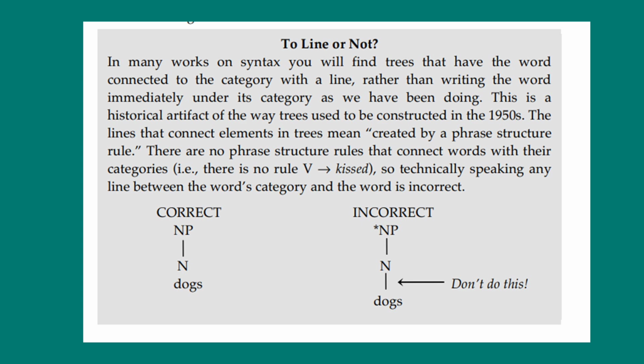There are no phrase structure rules that connect words with their categories. That is, there is no rule verb to kiss, so technically speaking, any line between the word's category and the word is incorrect. So correct: noun, then the word dog directly beneath. Incorrect: noun, line, dog. So don't do this.